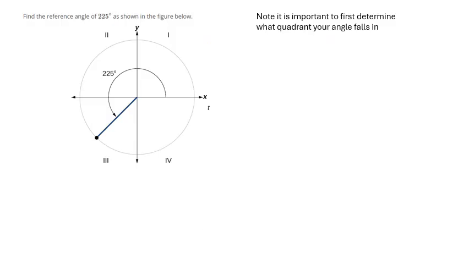Our first example, we have an angle of 225 degrees. Well, we need to know what quadrant we're in, and 225 is between 180 and 270, and that's why I told you to have these main quadrant angles memorized. 90, 0, or 360. You never know which one you're going to work with, all right?